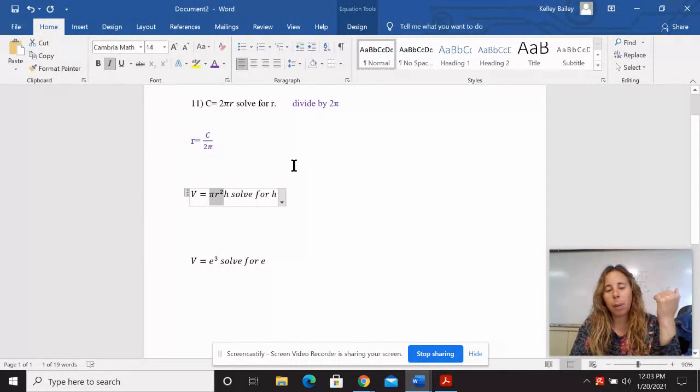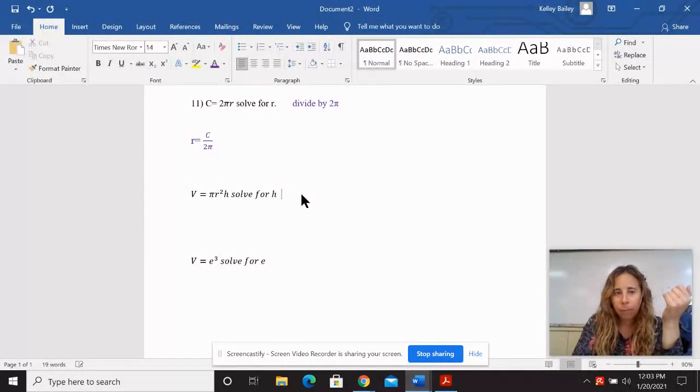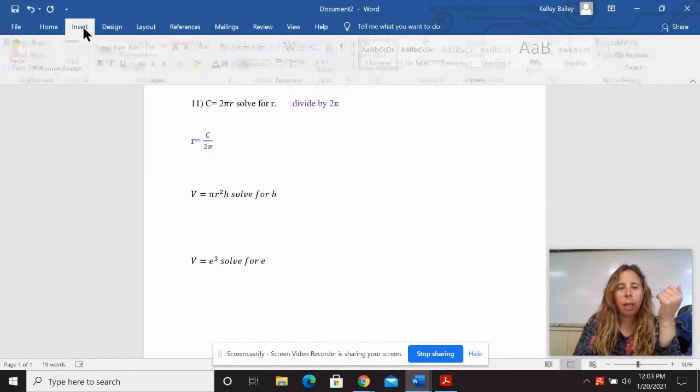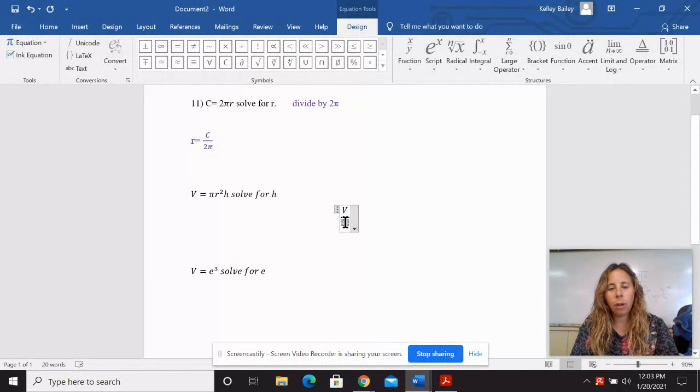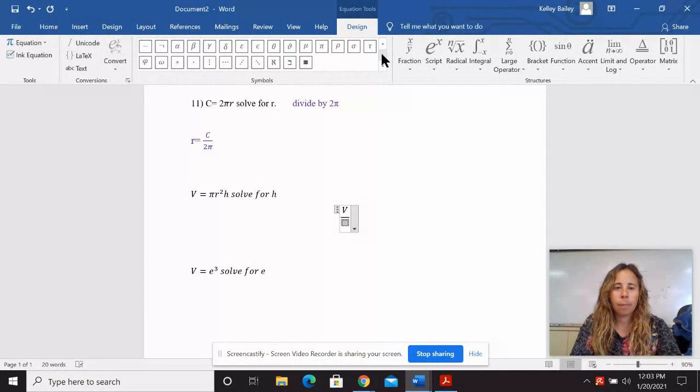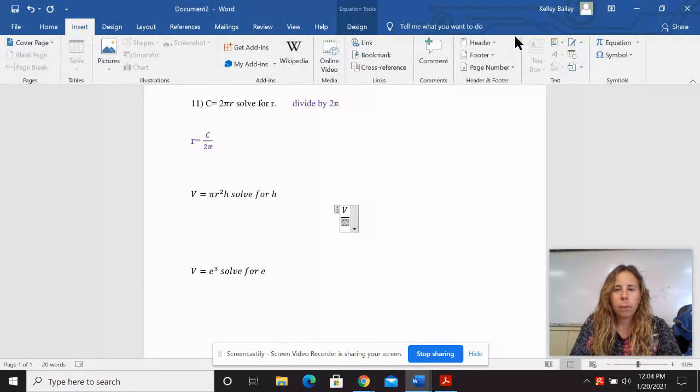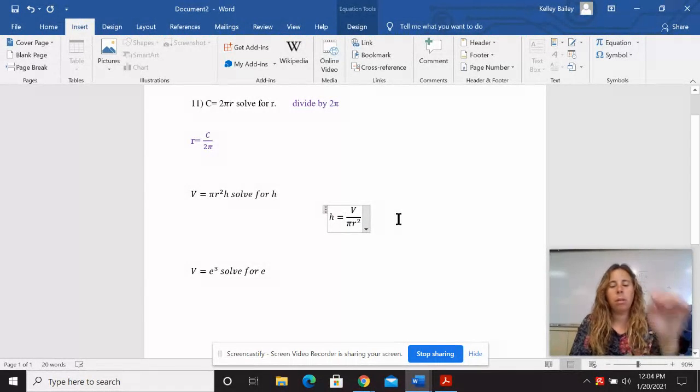So to get h by itself, I'm going to divide by that. So I get h equals V over pi r squared.